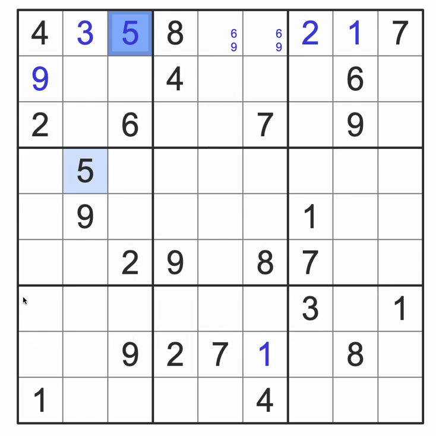Okay, and looking at box 7, I can place 3 on row 8 because this 3 blocks these, this 3 blocks here. That gives me 3 here.